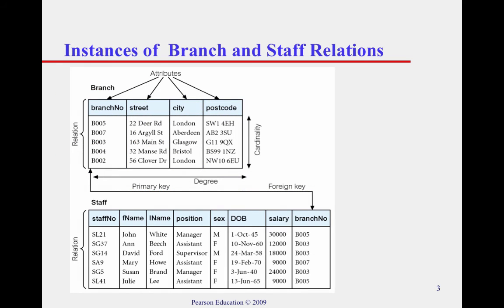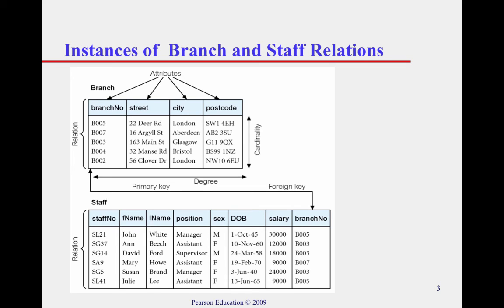And in our examples, we will use the branch and staff relations from the Dream Home case study. So that's the property management company we're talking about. And this shows you some of the initial terms that we will use with the relational model.